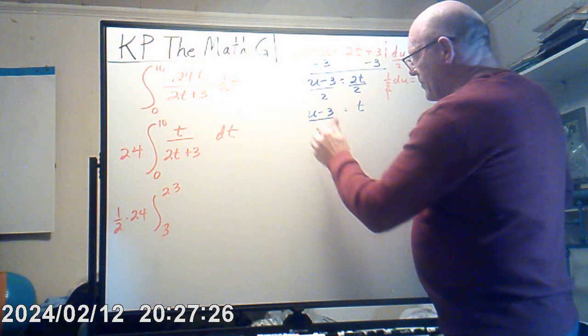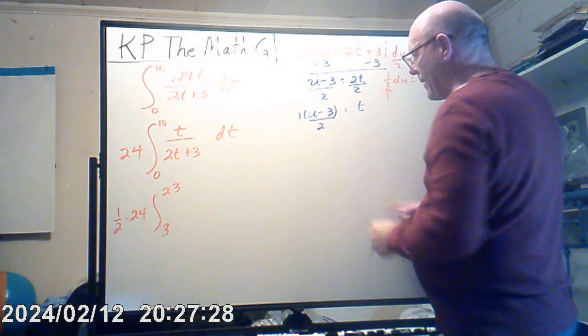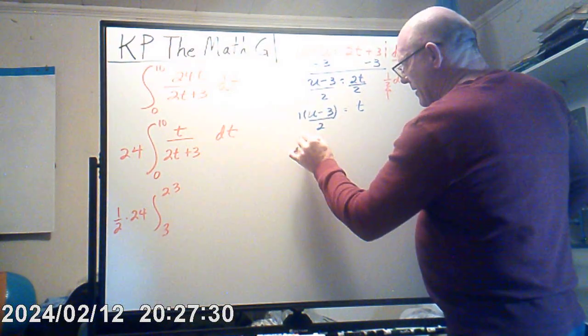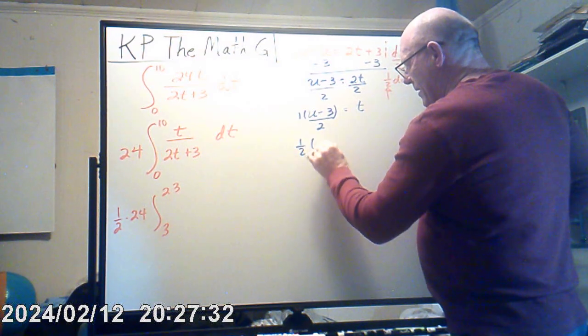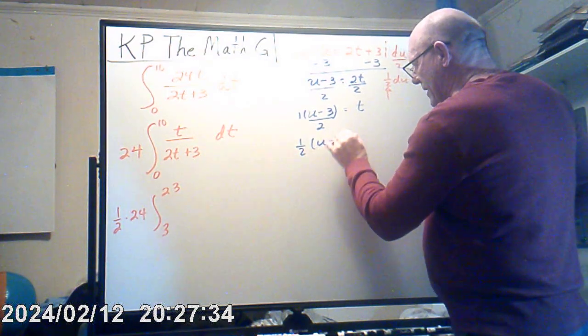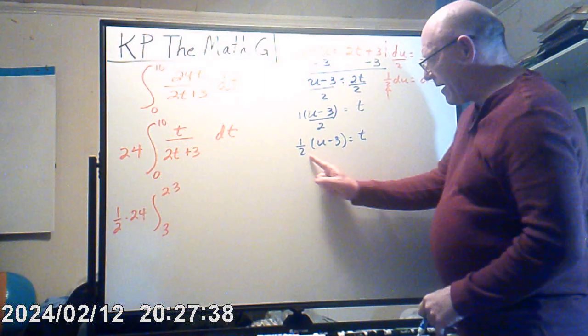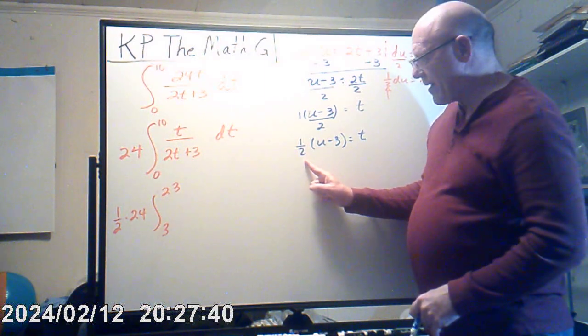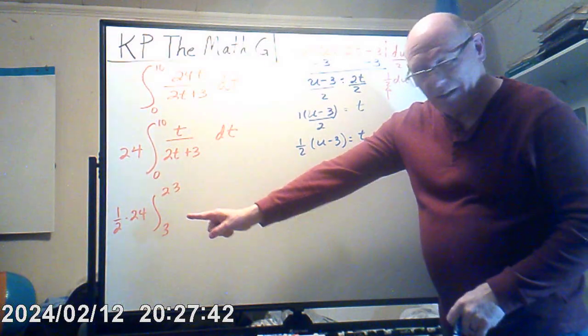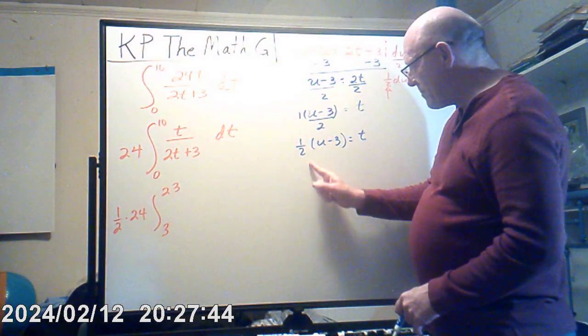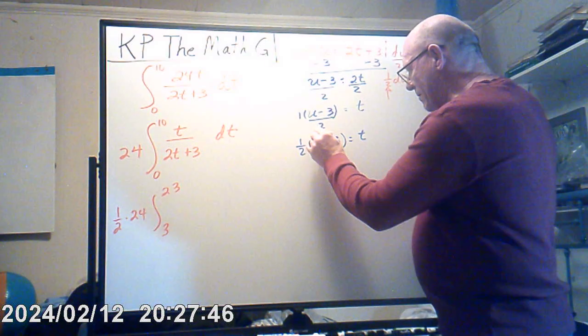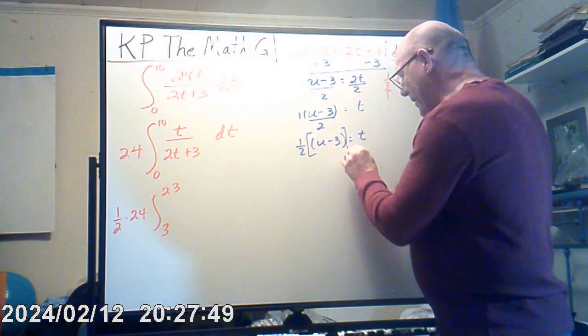Sometimes you can make this a 1/2, so 1/2 times u minus 3 is equal to t. Here again I have another 1/2 that I can throw over there, and just deal with this part being equal to t.